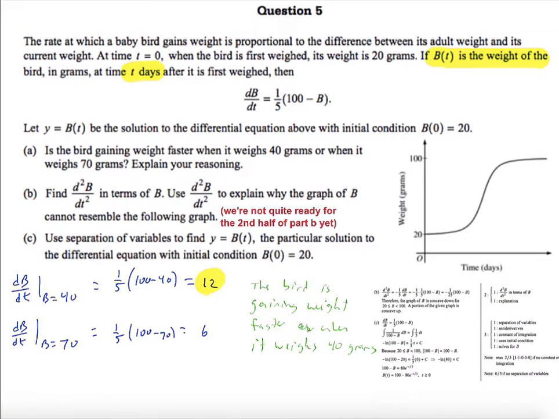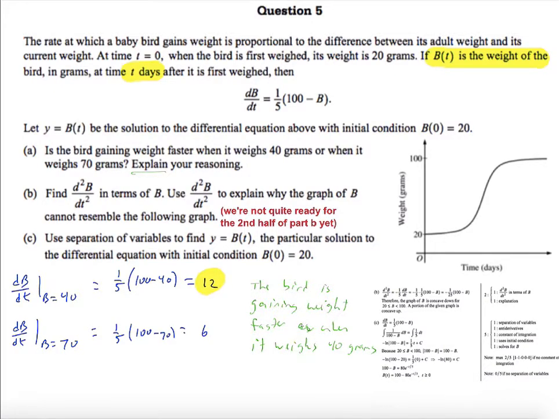And if that seems a little bit easier to you, it's supposed to be a little bit easier. The question is just trying to make sure you understand what these words mean, what dB/dt, the rate of change, what it all means, and applying it to the real world question. It did ask for an explanation.